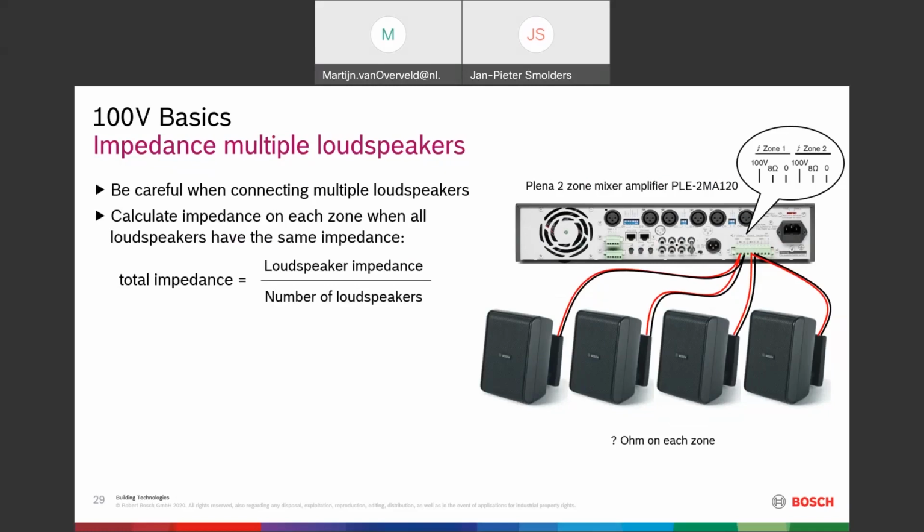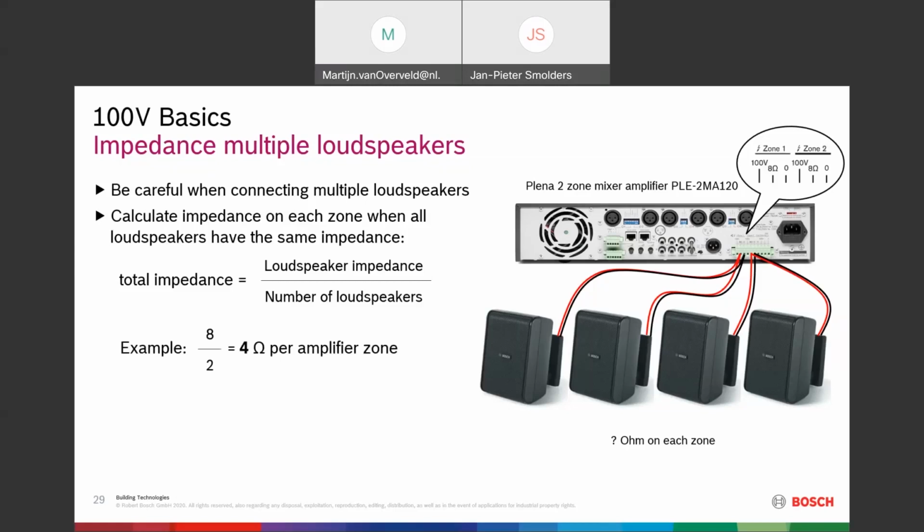You can do that by this equation. It's the impedance of the individual loudspeaker divided by the number of loudspeakers. So, for instance, we have here 8 ohm loudspeakers we have connected, then the total load will become not 8 ohm, but it will become 4 ohm for each of these outputs.